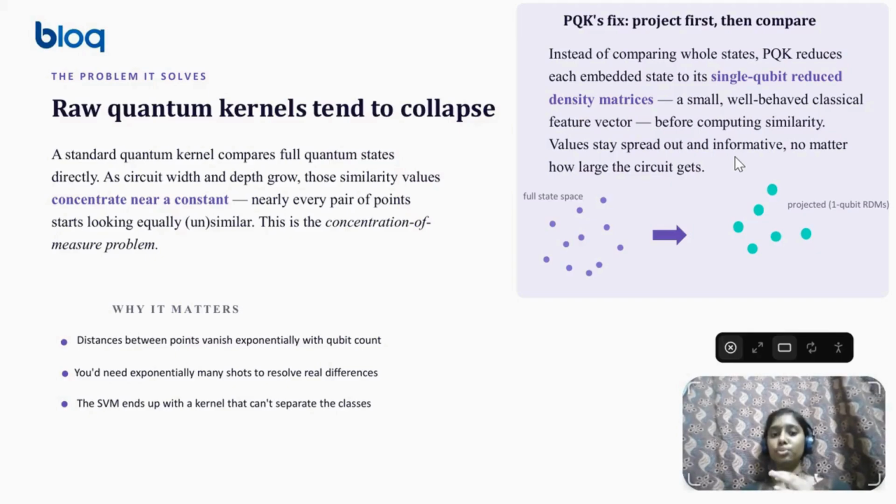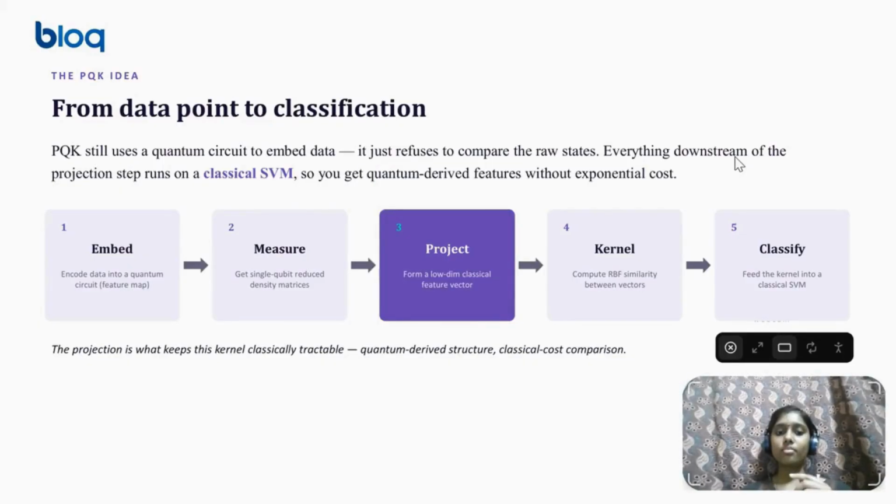As the number of qubits or the circuit depth increases, almost every quantum state starts looking equally similar. This is called the concentration of measure problem. Because of that, the kernel loses its ability to distinguish between different data points, and the SVM has a much harder time separating the classes, and that's where PQK comes in.